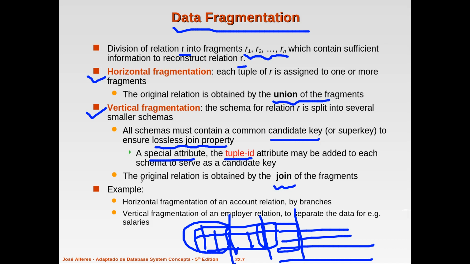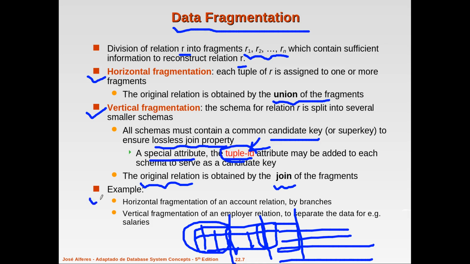The original relation can be obtained by joining all the fragments using the attribute tuple ID. So in horizontal fragmentation the relation can be obtained by the union of all the sets of tuples, and in vertical fragmentation the original relation can be obtained by joining all the fragments using the common attribute tuple ID.